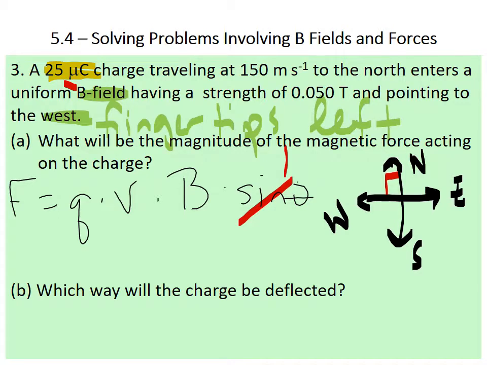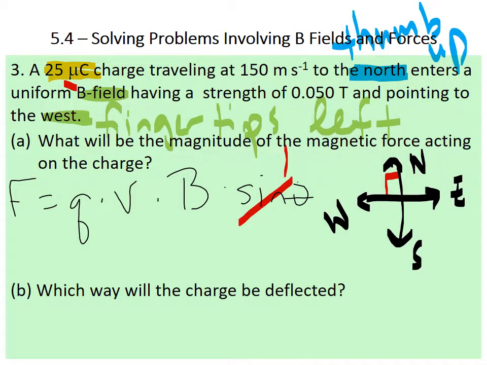The fingertips on my right hand are pointing left right now. Now I take my thumb and I'm going to point it in the direction of the velocity. The charge is traveling 150 meters per second to the north. So my thumb points up.